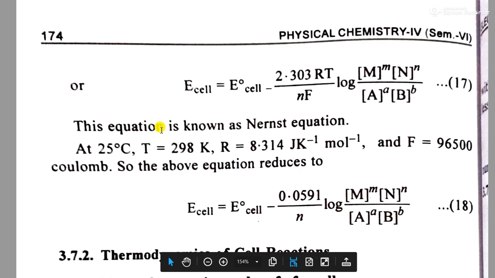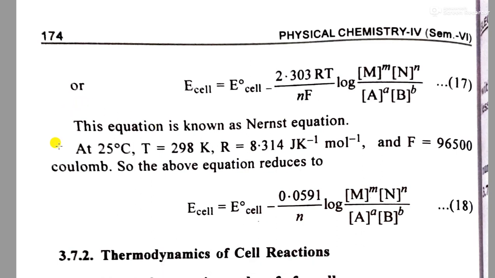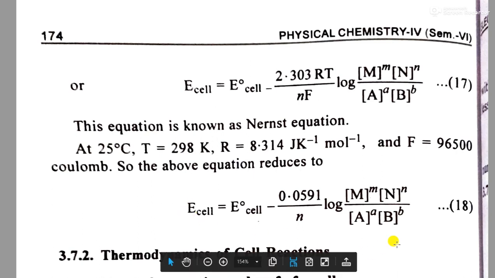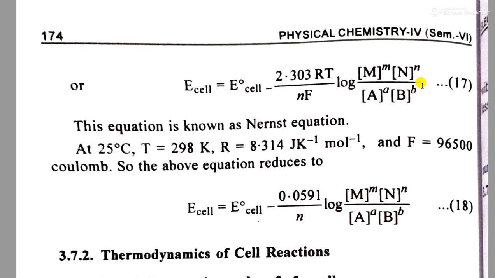So if examination problems are asked and the temperature is specified as 25 degrees Celsius, then you can use this formula directly. Suppose if the temperature is not 25, some other values are given, you have to take the Nernst equation, the equation 17, directly for the problems.